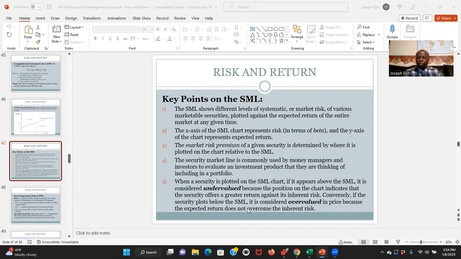When the security is plotted on the security market line chart, if it appears above the line, like I explained earlier, it is considered undervalued. Why? Because the chart indicates that the security offers a greater return against its inherent risk. Vice versa, if the security plots below the security market line, it is overvalued. Okay.